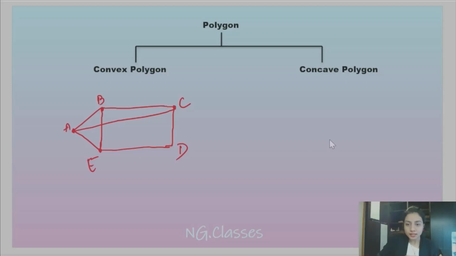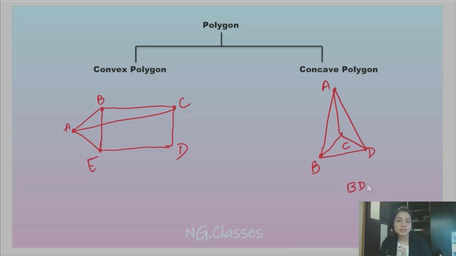And for a concave polygon, suppose I am taking this polygon A, B, C, D. Now draw a diagonal here. I am drawing diagonal AC. Now another diagonal we can get here is BD. Now see this BD, it's lying in the exterior part of the polygon.